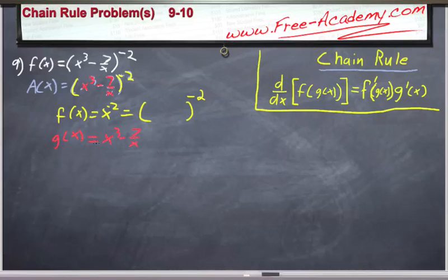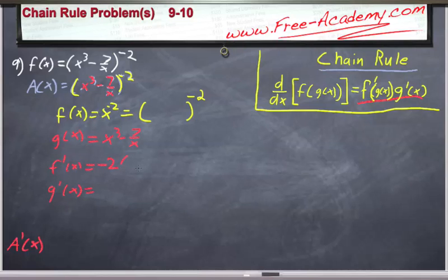Now we have f of x and we have g of x. We'll find f prime of x and g prime of x, and then we can put everything into our formula to find the derivative of a of x. To find the derivative of f of x, we just use the power rule.